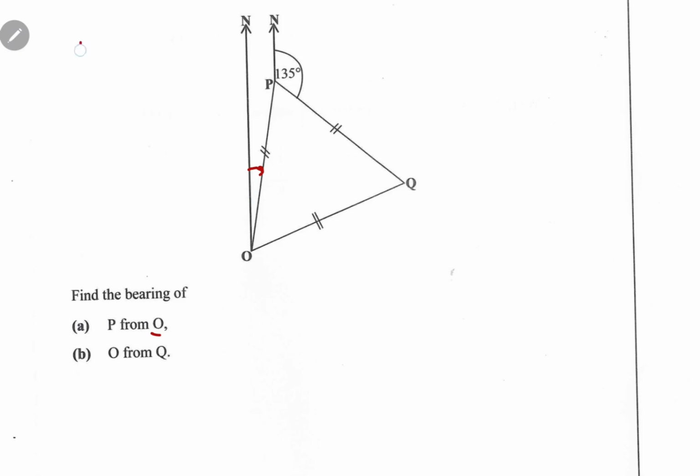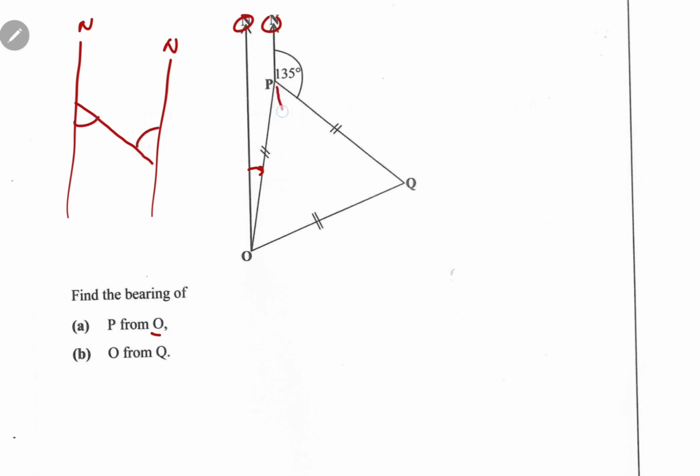Now what is the size of this? To have it easy, it is very important that whenever you have a north and a north, this north and that north, there is always a line that attaches to them, and all these lines are parallel, forming corresponding angles.